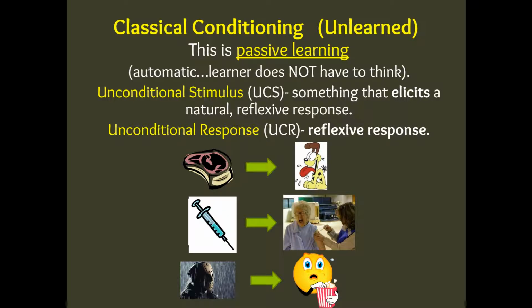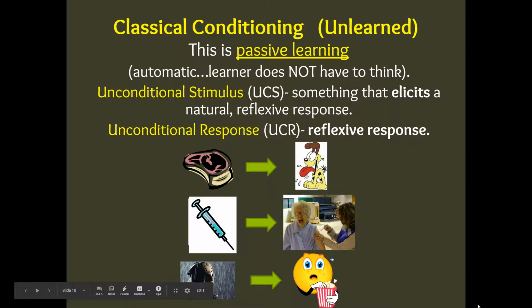A shot in the arm is an unconditioned stimulus. What is your reflexive response? It hurts. You don't like it, right? And a terrifying monster who's murdering people in a movie, what is your reflexive response? It's to get a little scared.